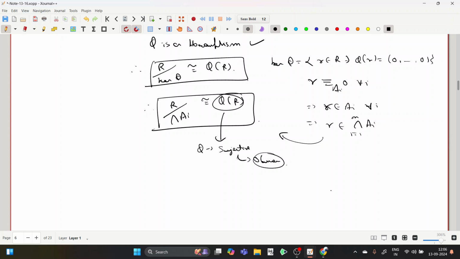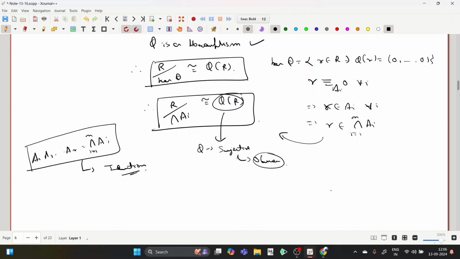But if I want to prove that a1 a2 till an is equal to the intersection of all these ai's, i running from 1 to n, then I will get the other part of the Chinese remainder theorem as well. But to show this, we can actually proceed by induction. And to show even phi is surjective, it's easy to proceed by induction.